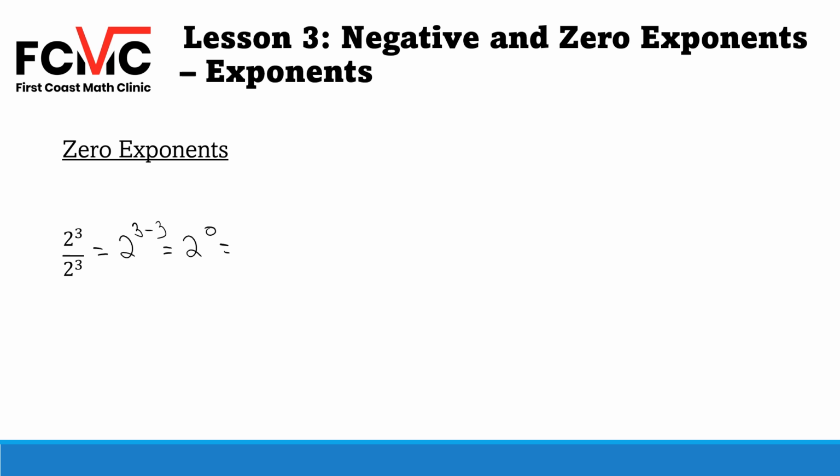Well, what is that equal to? Let's think about this a different way. So if I have 2 to the third over 2 to the third, well, 2 to the third is 8 and 8. I have the same numerator and denominator, so 8 over 8, whenever I have the same numerator and denominator, that's just going to be 1.